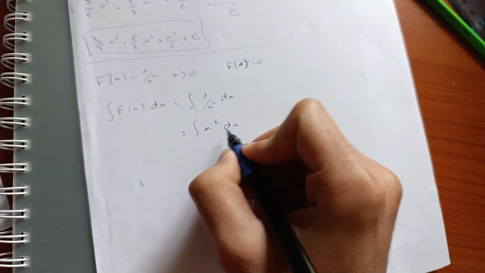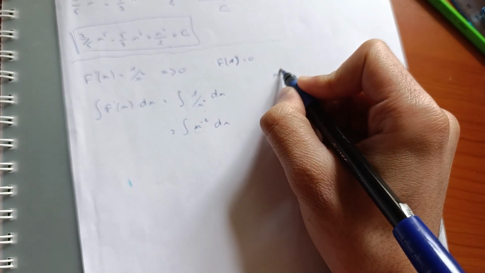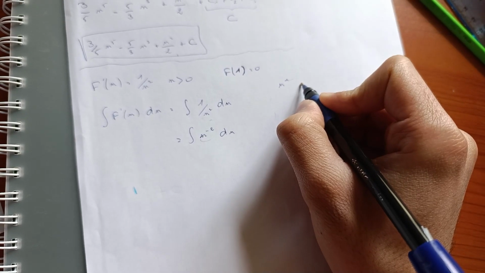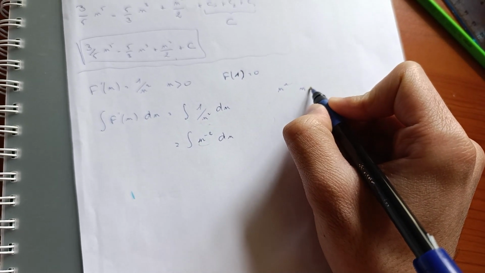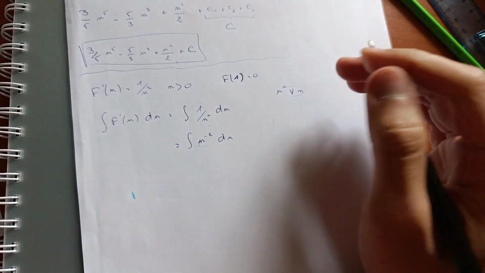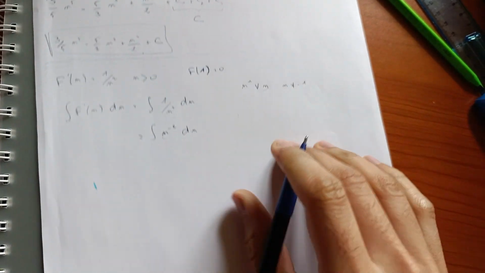Because for x to the power of n, n can be anything except minus 1. Whatever n is, as long as n is different than minus 1. Why?